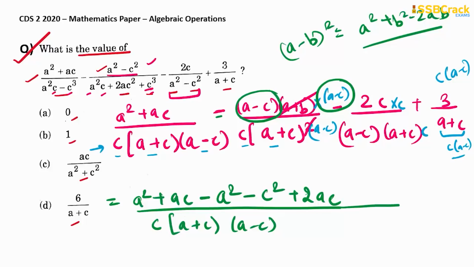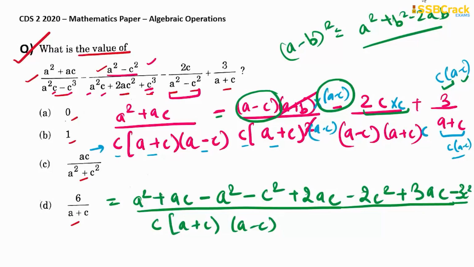Okay. Then here we have got minus 2c square, and here we have to multiply this c inside. So it will be plus 3ac minus 3c square. Okay.